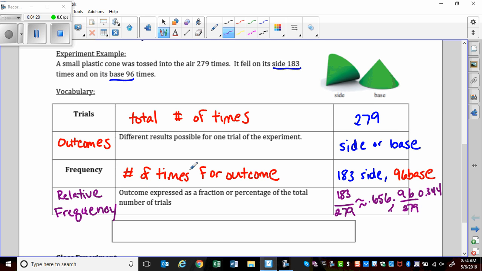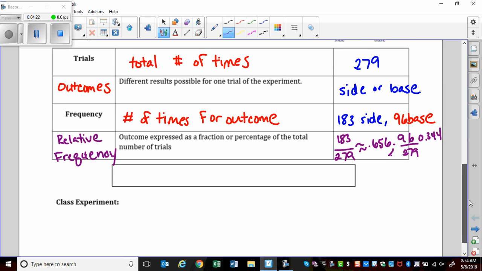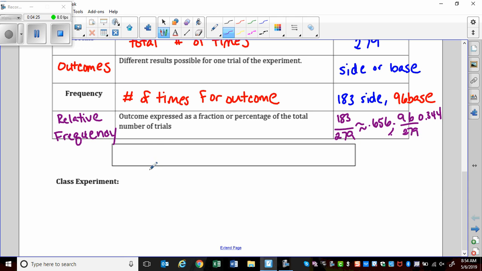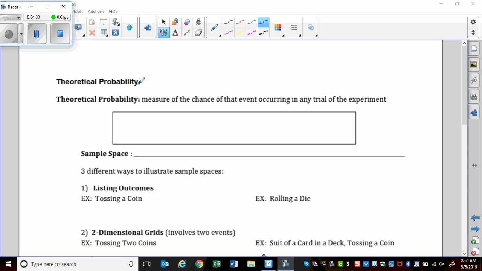Go ahead and flip your paper over. The theoretical probability is going to be using math or logic. And this is the formula.